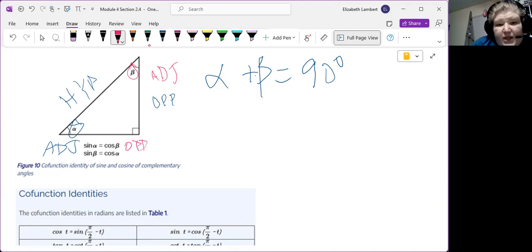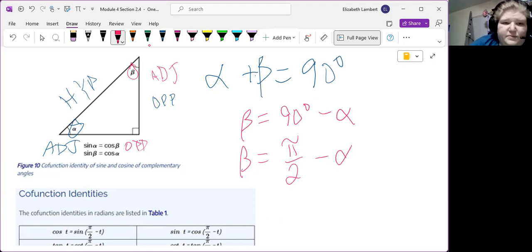And then if we plug in this relation, which is beta equals 90 degrees minus alpha, or 90 degrees is pi over 2, so the cosine of beta is going to equal the sine of alpha, the other guy.